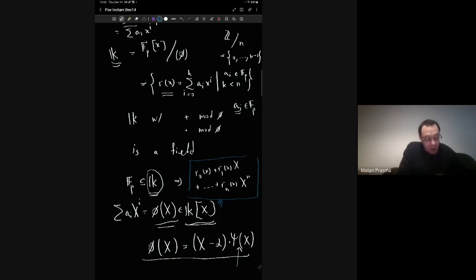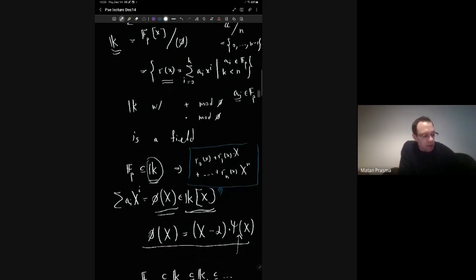So you can think of it as a polynomial. If you just change the notation, call capital X y, then it will be a polynomial in two variables. But the difference is with the way we do operations.